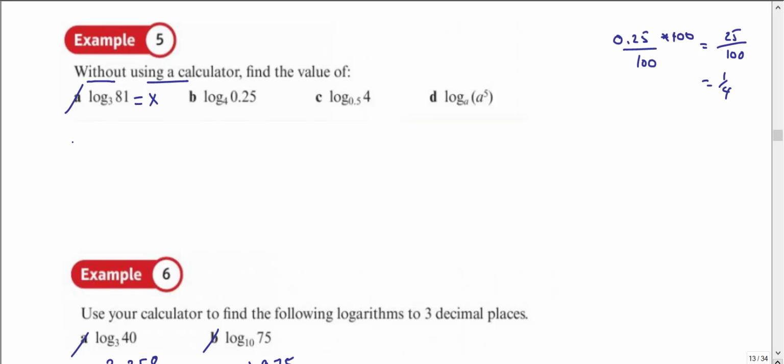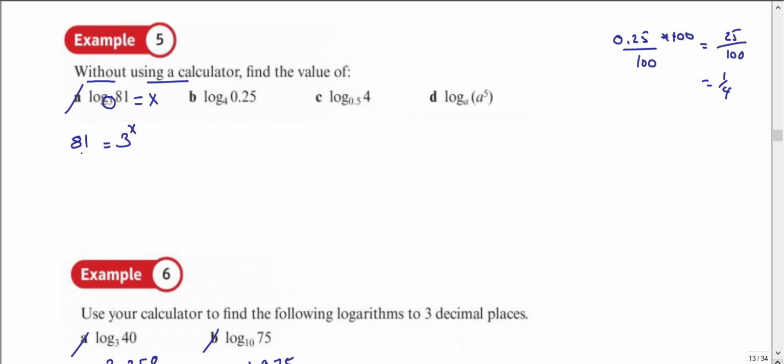We just did examples like this one in the previous example. It will be 81 equal x power 3. The base, this is the base, 3. Type 81 equal 3 power x.